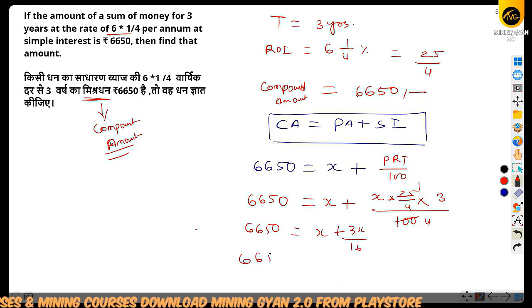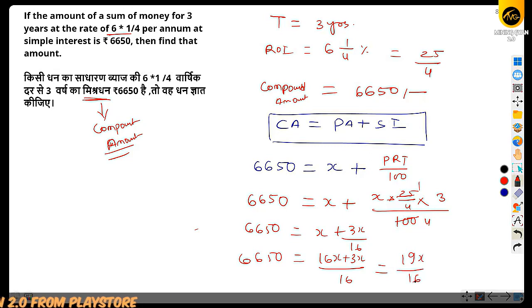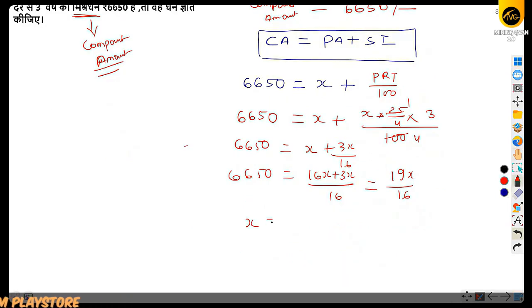Now 6650 is equal to 16x plus 3x divided by 16. So 19x divided by 16. Now x is equal to 16 into 6,650 rupees and divided by 19.